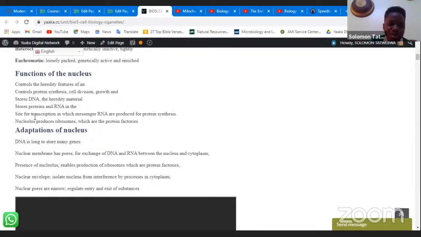It's a site for transcription in which messenger RNA is produced for protein synthesis. The nucleolus produces ribosomes, which are the protein factories. Those are the functions of the nucleus. If you find any others, you can always add on. Any questions on these functions?